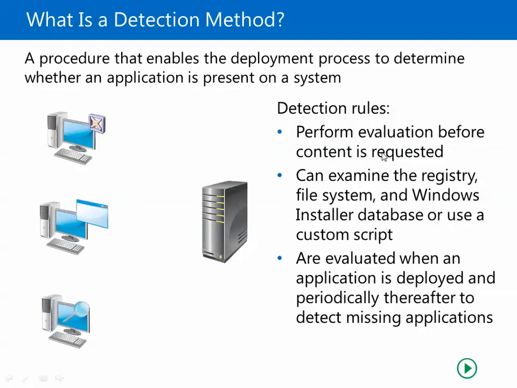It performs evaluation before content is requested, and can examine the registry, file system and Windows Installer database, or use a custom script. These are evaluated when an application is deployed and periodically thereafter to detect missing applications. In this example, one machine already has it and two machines do not, so according to the schedule it will deploy.